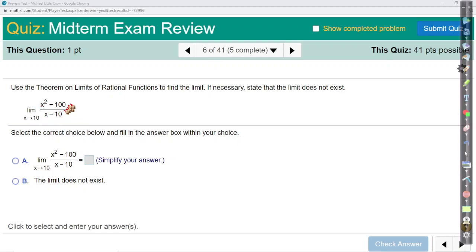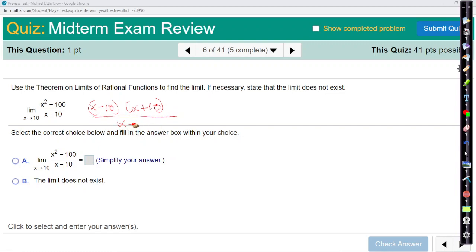But the limit of rational functions states that if we could reduce this, then the limit will exist. Now you could just graph it if you want, but x squared minus 100 is x minus 10 times x plus 10. That's how it factors. It's a difference of squares, right?